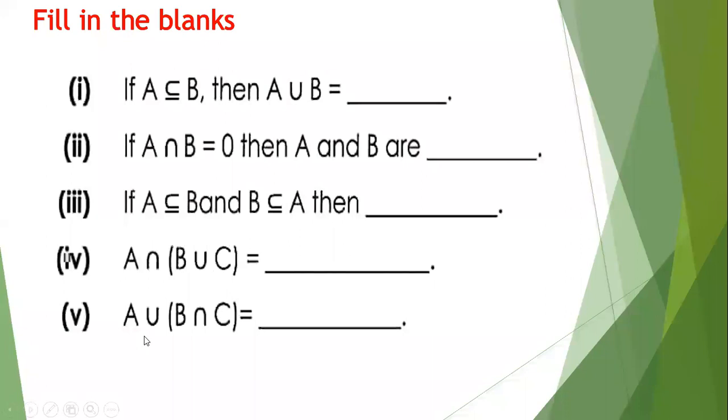What about the fifth part? Anyone should expand the right hand side and let me know the answer orally by turning on the mic. Many students have raised hands. Yes, Zahur, can you tell me the right hand side?